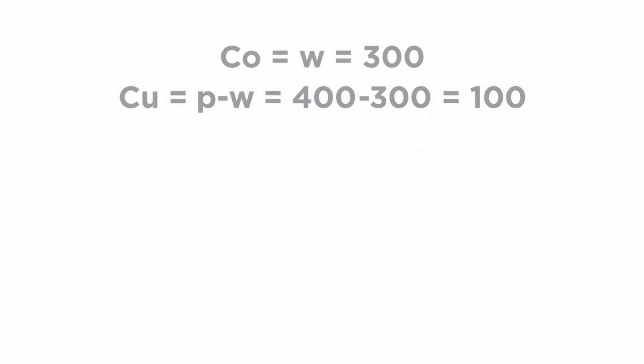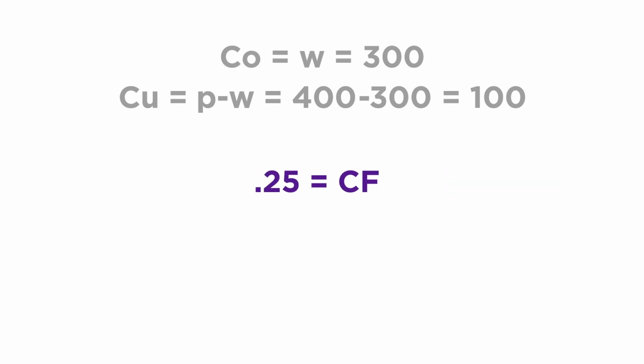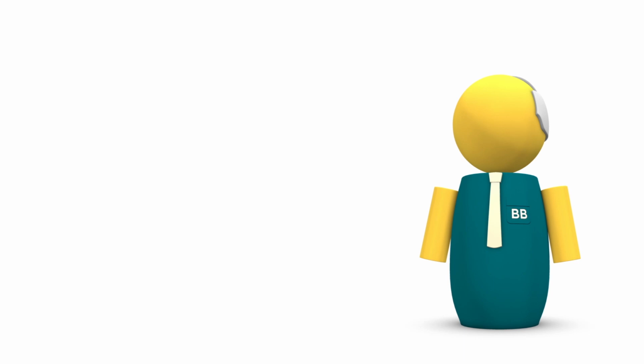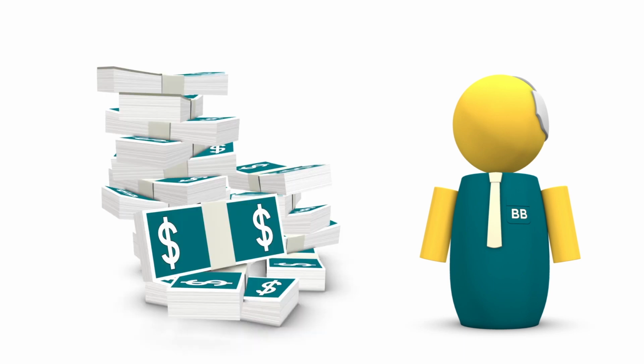Knowing our costs, we can calculate the ratio of underordering to total cost. We call the ratio the critical fractile. In this case, the critical fractile is equal to $100 divided by $400, which is equal to 0.25. We can then determine the optimal order quantity that maximizes the retailer's expected profit.